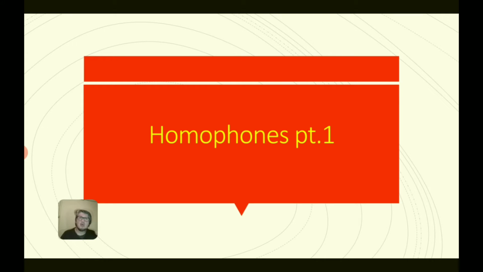In a couple of minutes we will see also the homographs. What are the homographs, you might ask? Homo, the same, graphs, writing, graphics. So you write 2 words in the same way, you pronounce them in the same way, but they mean something absolutely different. So let's start with the homophones, part 1.